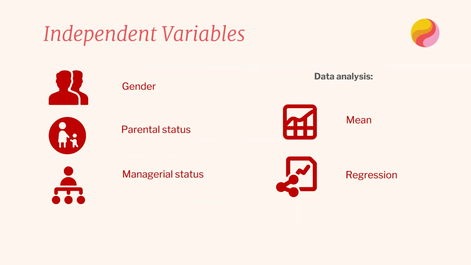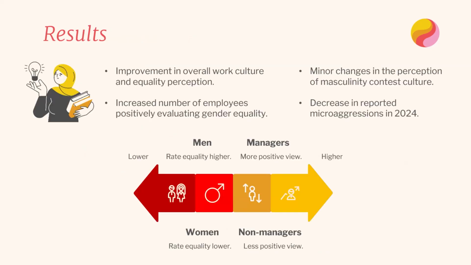Okay, now let's turn to the key findings. And one of the most notable results was the clear improvement in overall work culture and perceptions of equality. Actually, we see that between both years, employees reported a positive shift. We observed the increase in the number of employees who positively evaluate gender equality.